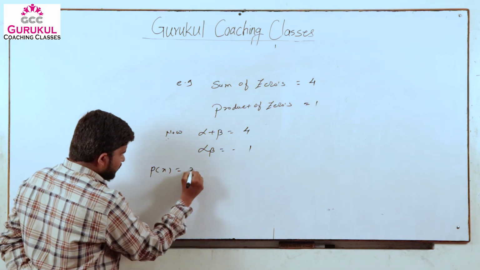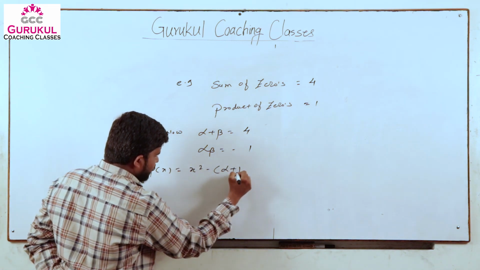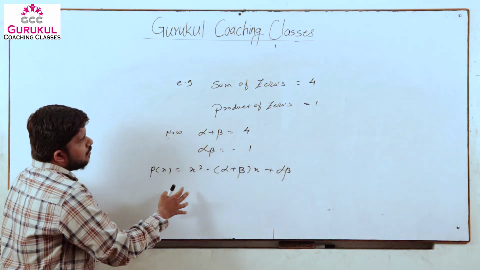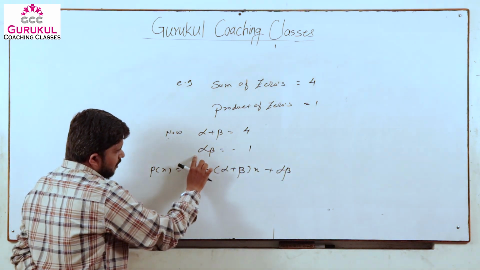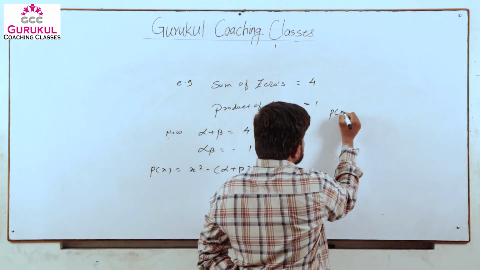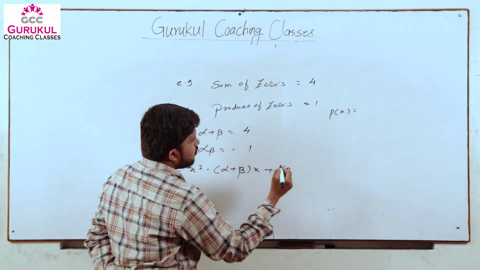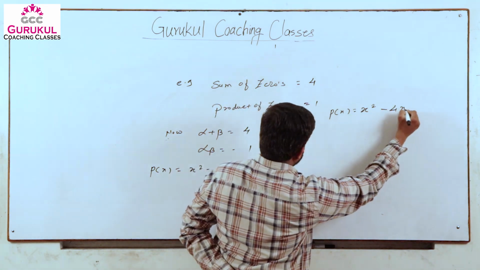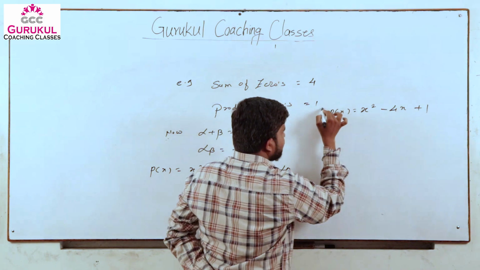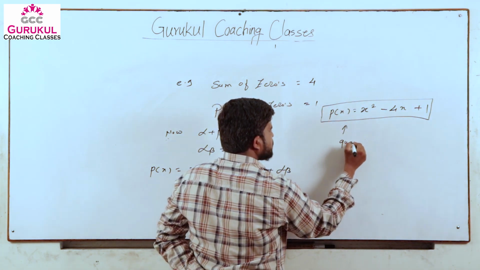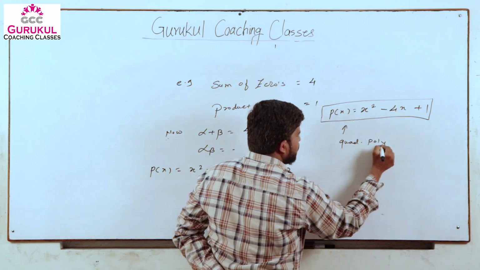So P of x is equal to x square minus alpha plus beta x plus alpha into beta. Put the values of alpha plus beta and alpha into beta in this equation. So P of x is equal to x square minus 4x plus 1. This is the required quadratic polynomial.